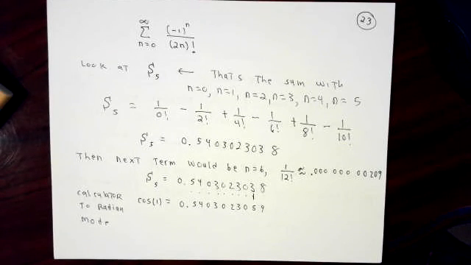Now, it turns out that the actual value of this infinite series is cosine of 1 radian. This is another thing you have no reason to believe me on right here, but it turns out to be true. I set my calculator in radian mode and calculated cosine of 1 and got 0.54030230, which you'll notice is the same digits that was in S number 5.